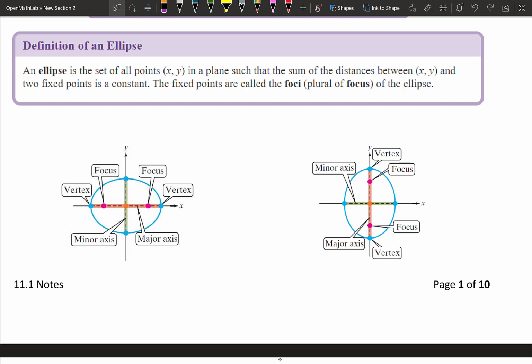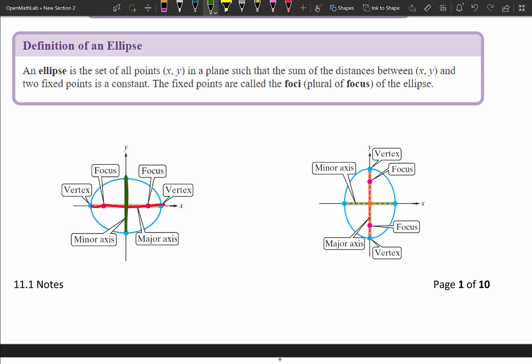Right, so I have a couple of diagrams here. This first one is when the major axis is horizontal, and the second picture is where the major axis is vertical, right? It's on the y-axis. So the major axis is the longer axis, right? So you can see like here, this is much longer than this green one here.